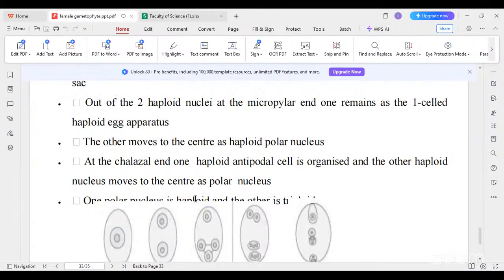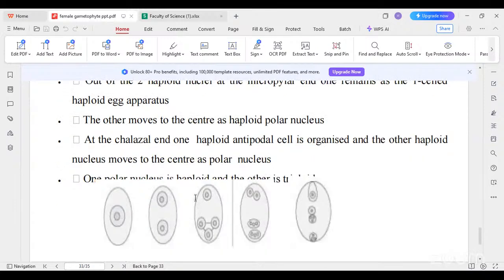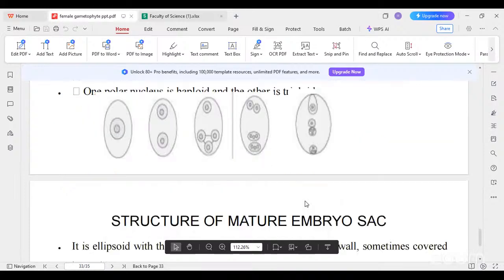The other moves to the center as a haploid polar nucleus. At the chalazal end, one haploid antipodal cell is organized and the other haploid nucleus moves to the center as a polar nucleus. One polar nucleus is haploid and the other is triploid.